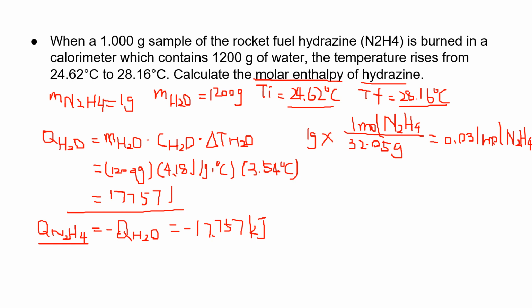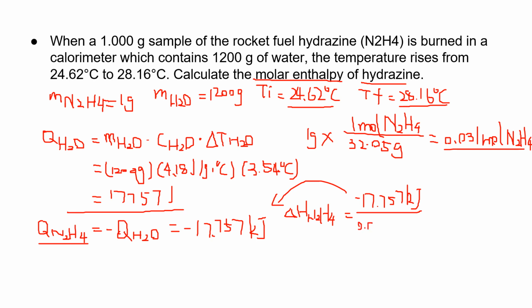So our delta H of N2H4 is equal to our total heat change for our system, negative 17.757 kilojoules, which is the value we got here, divided by the number of moles of our system, 0.031 moles.